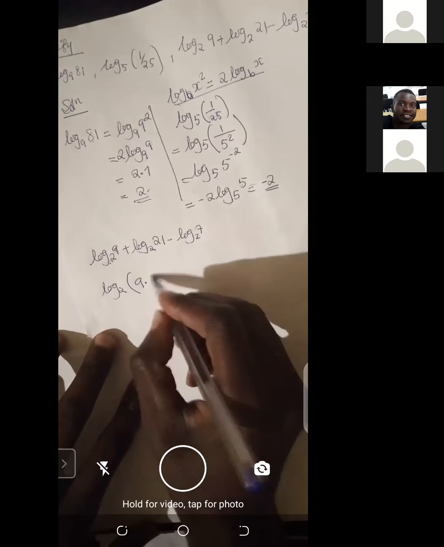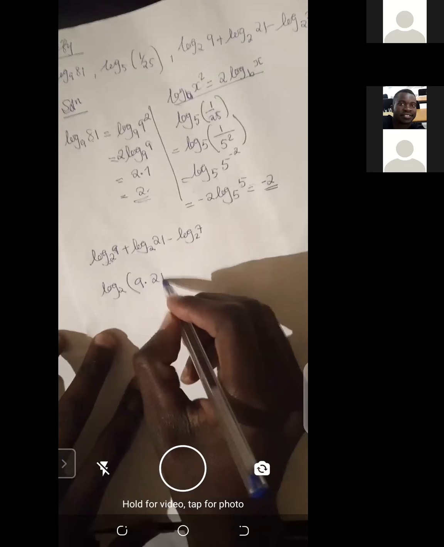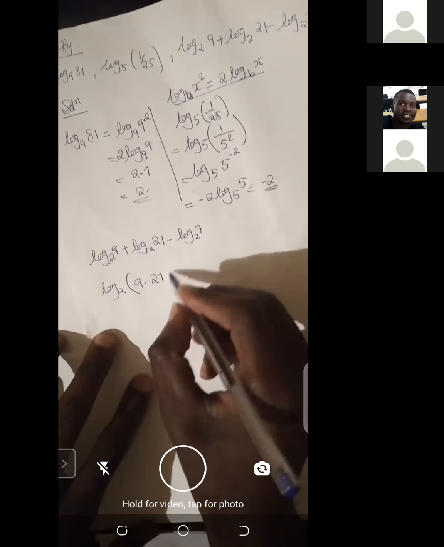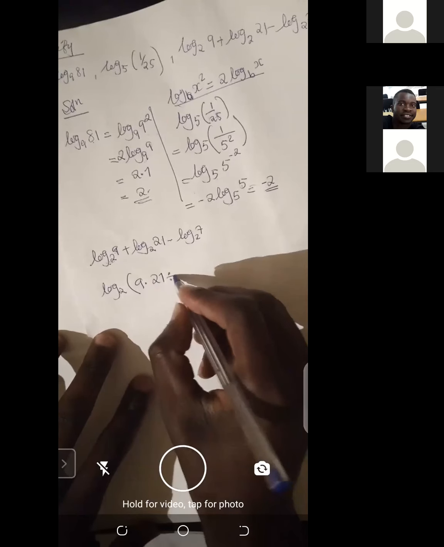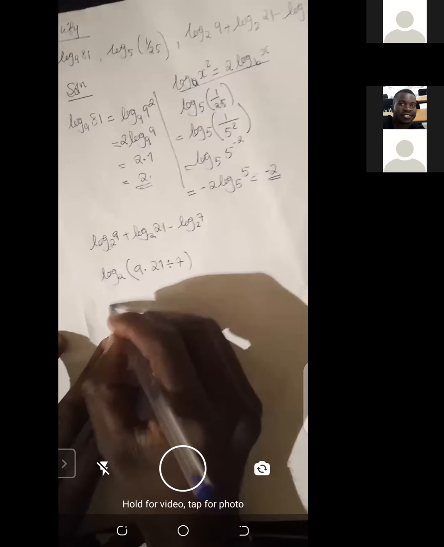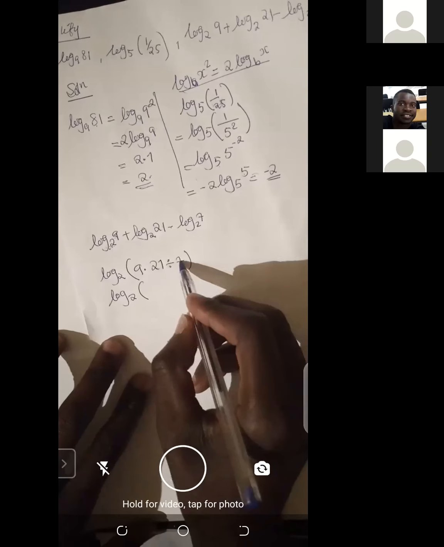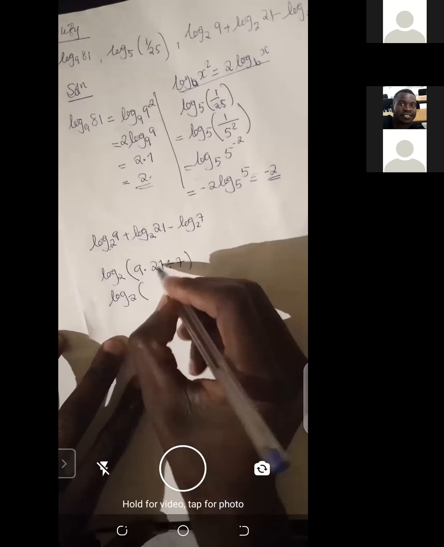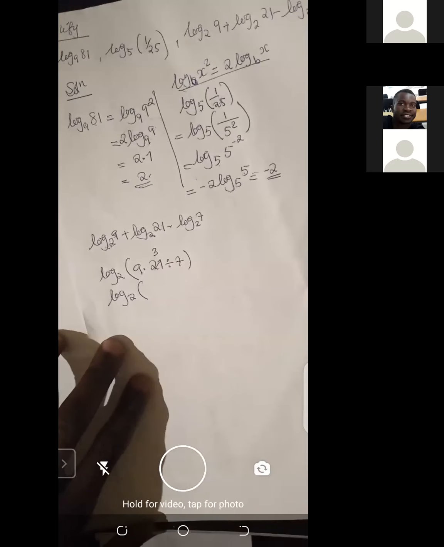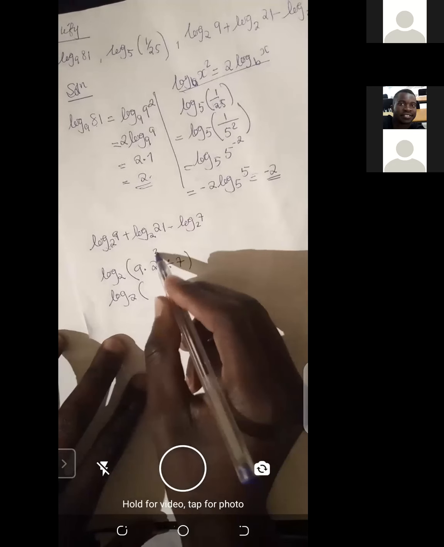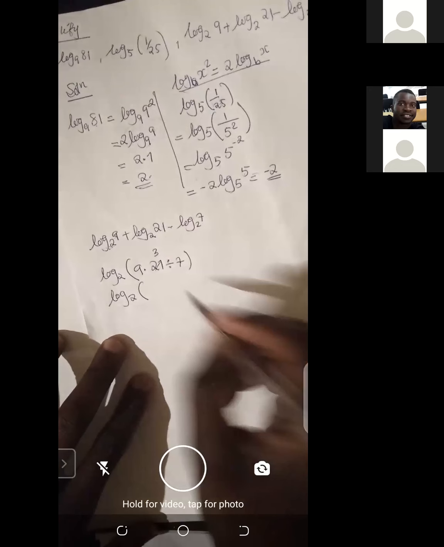When you have a minus, you divide, so you divide by 7 there. Then you have log to the base 2. So 21 divided by 7 gives you 3, and then 3 times 9 gives you 27.